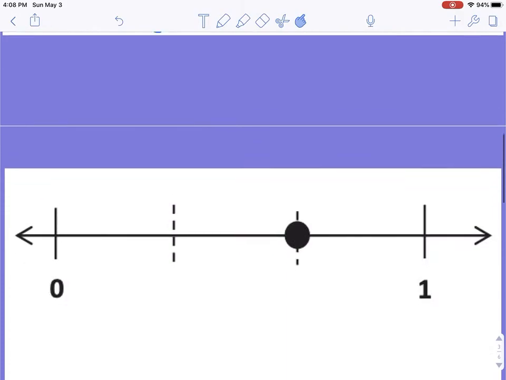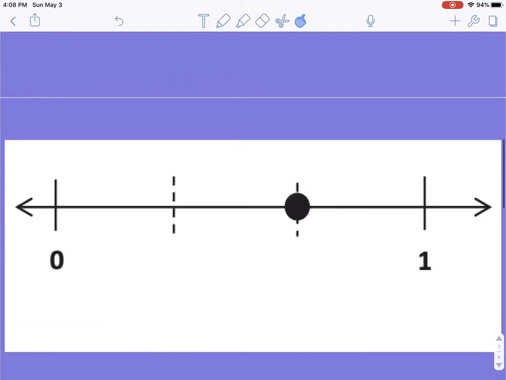Okay, now if I go down here, what equal parts do I have in between 0 and 1? How many equal parts? Well, instead of just counting the lines, I'm counting the sections. So I'm counting 1, 2, 3 equal parts. 3 equal parts means they are thirds.